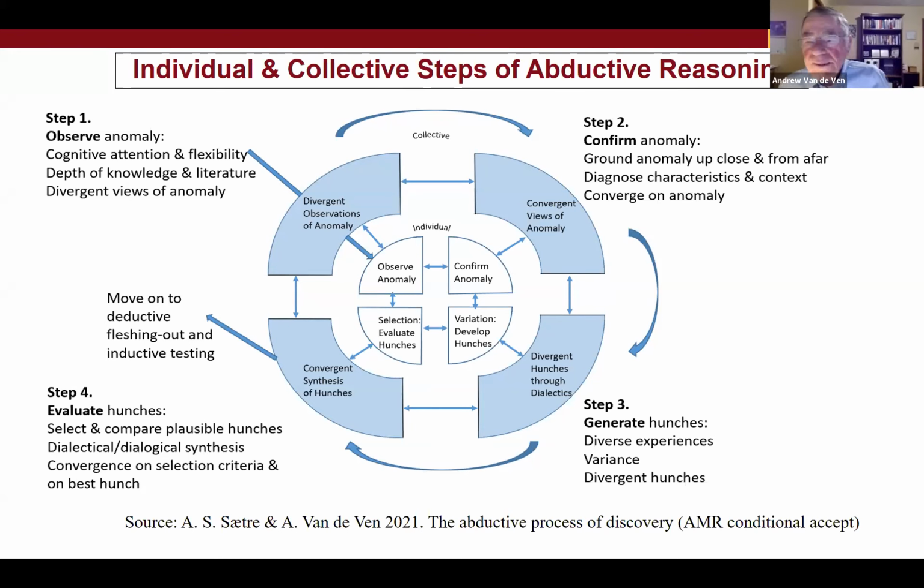Well, these steps can occur so quickly that they seem to be simultaneous. But as I listen to you, Lee, in terms of this framework, you're jumping from step 1 to step 3 and 4, which takes you back to 1 and so forth, because you were generating some anomaly for which you had some hunches, and you're exploring alternative hunches in order to know what procedure to take next.